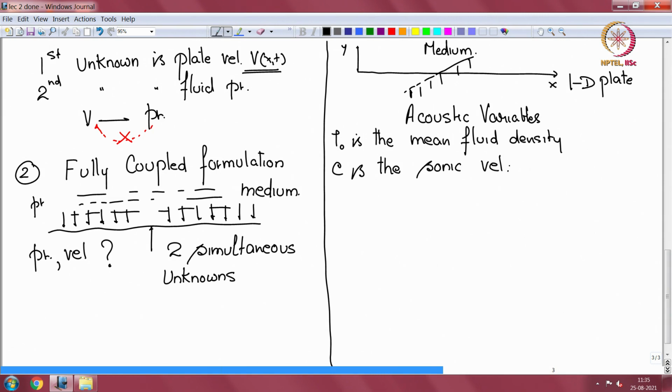Phi of x, y, t is the acoustic potential. P of x, y, t is the acoustic perturbation pressure.